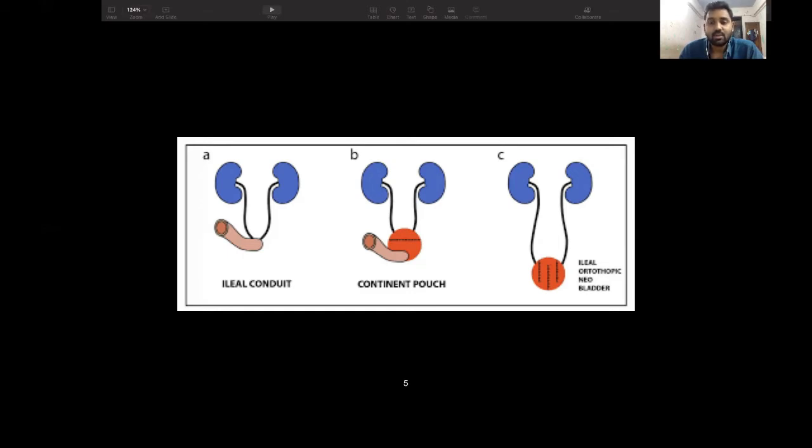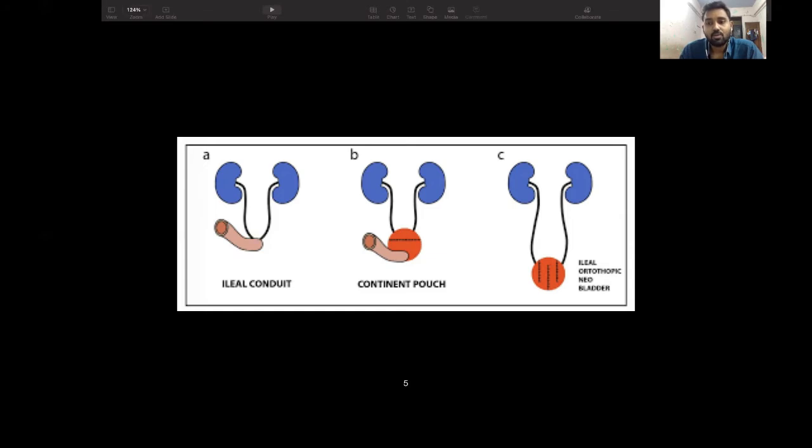Cutaneous diversions are just like your fecal diversions, like how you make ileostomy, colostomy, sigmoidostomy. Similarly, you resect a bowel segment. One end of the bowel segment is attached to the ureters, and the other end of the bowel segment is brought out to the skin, to the outside. So this is called cutaneous diversion.